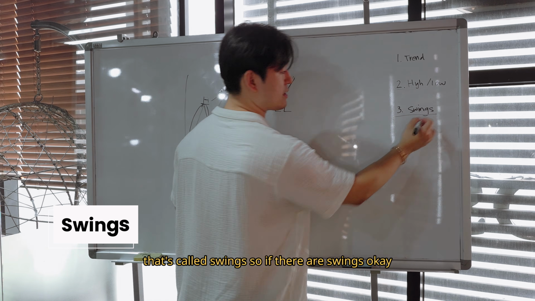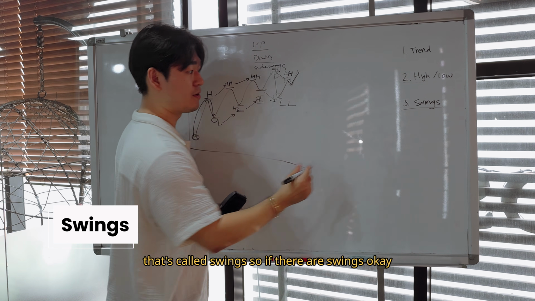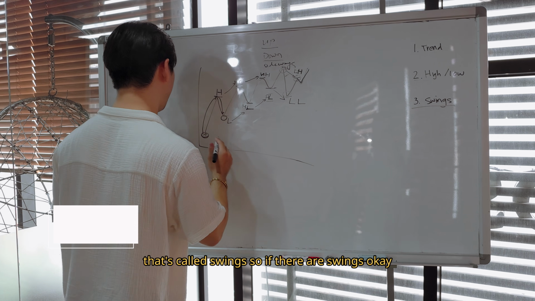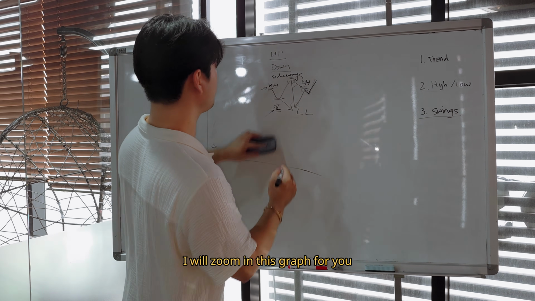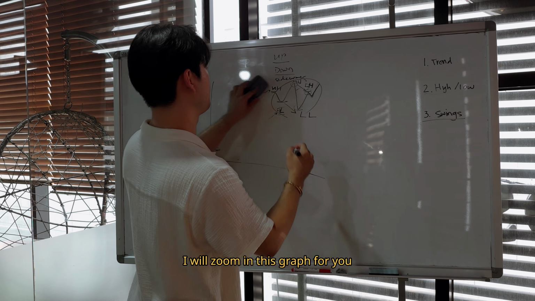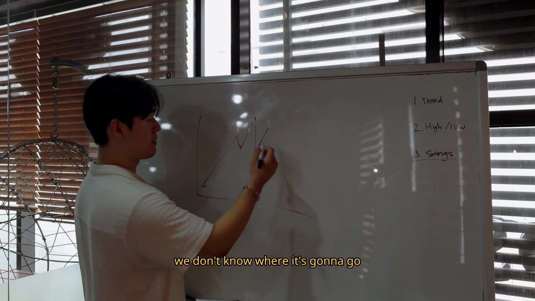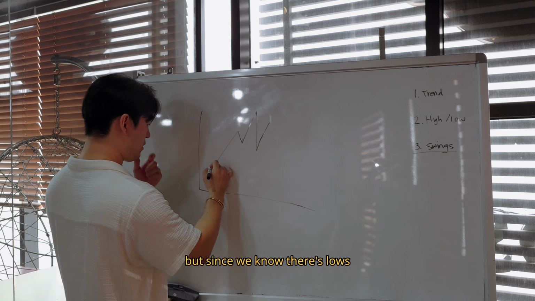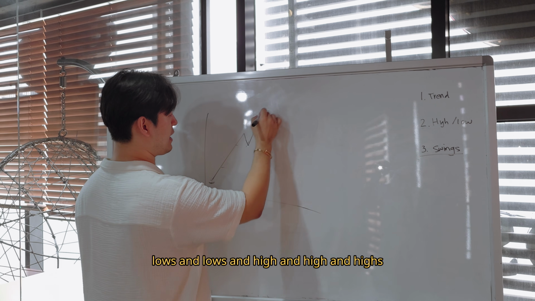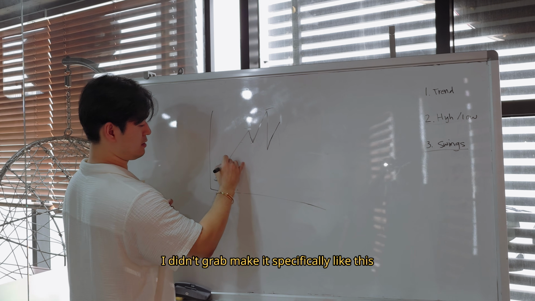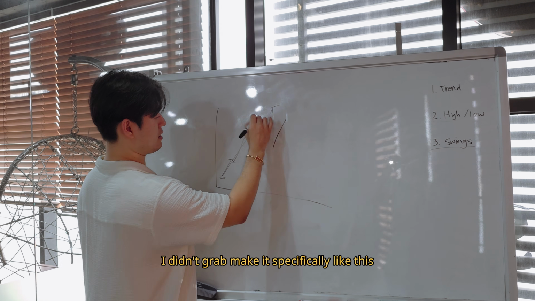That's called swings. So if there are swings, I will zoom in this graph for you. We don't know where it's gonna go, but since we know there's lows and highs, I didn't make it specifically like this.